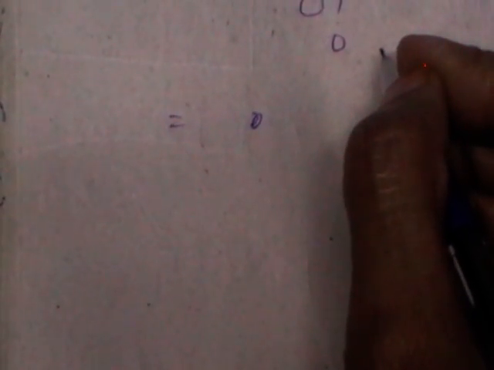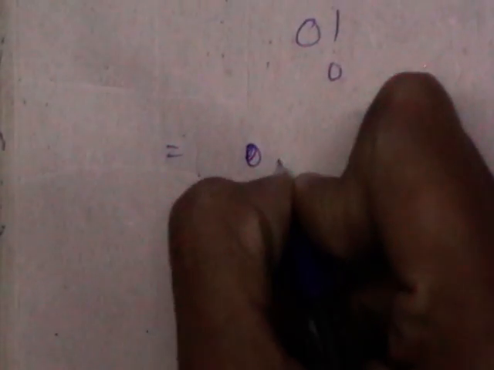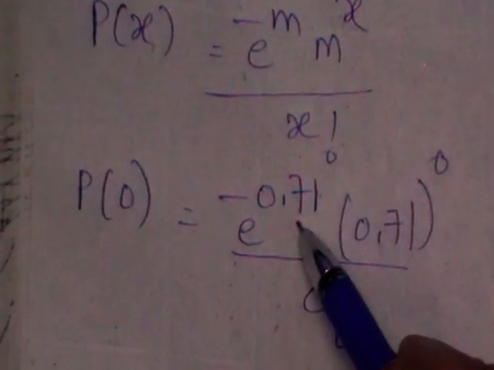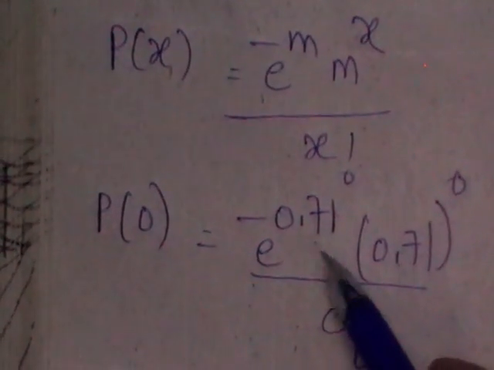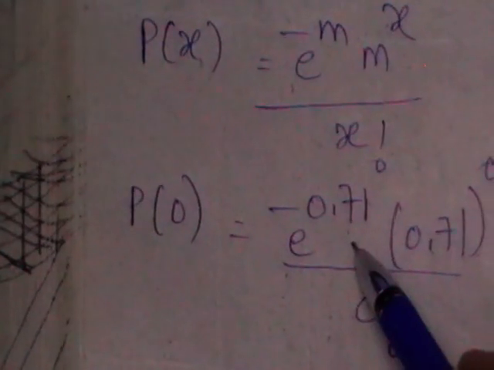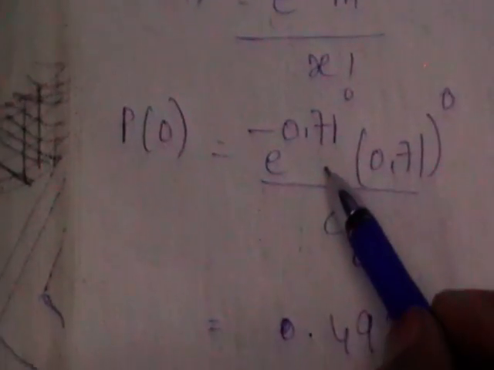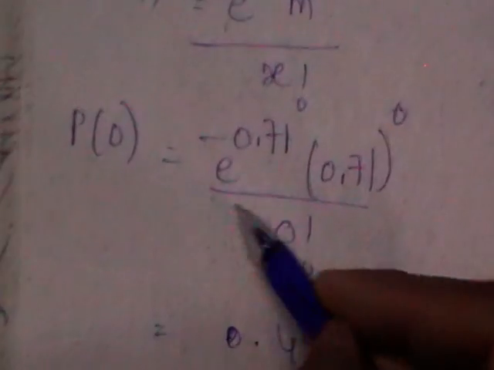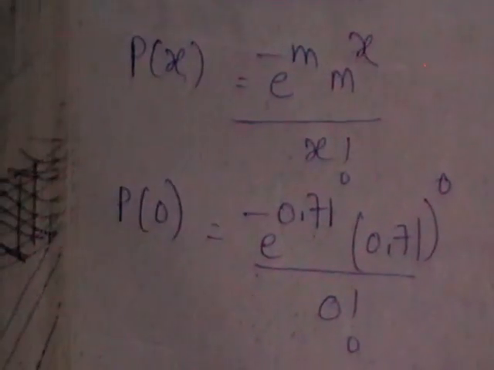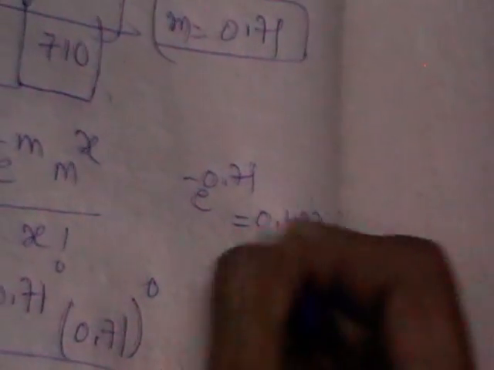Sometimes you will be allowed a calculator, or the value of e power minus 0.71 will be given to you in brackets in the question itself. So e power minus 0.71 value is 0.492. Now let us calculate P of 1.